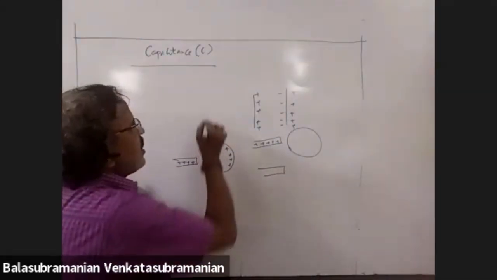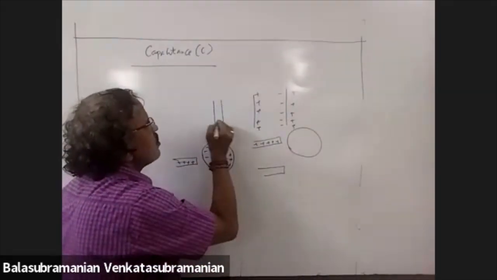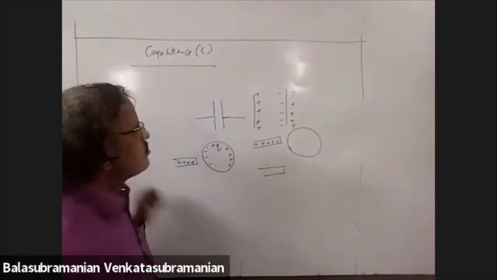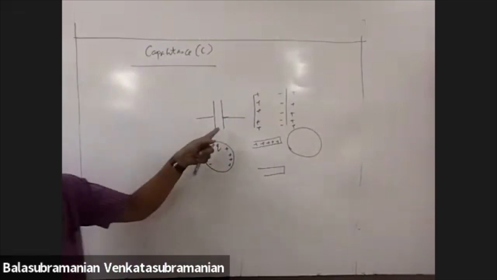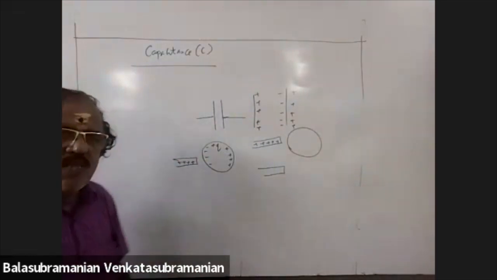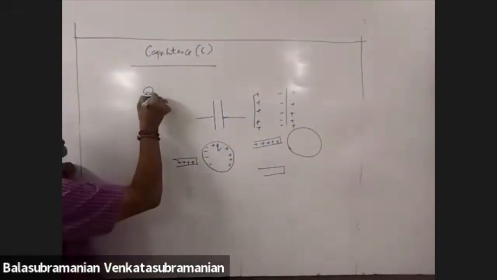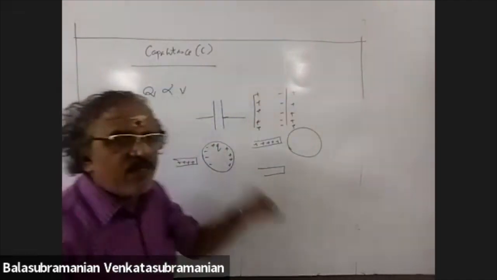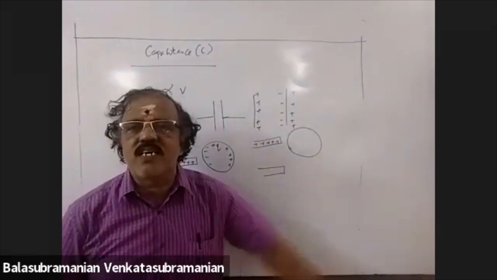Two parallel sheets: this is the representation of a capacitor. The charge given to the conductor is proportional to the potential difference between the ends of the conductor.